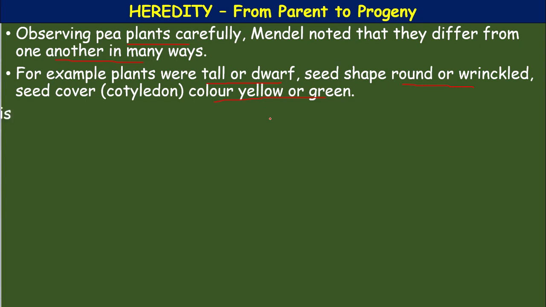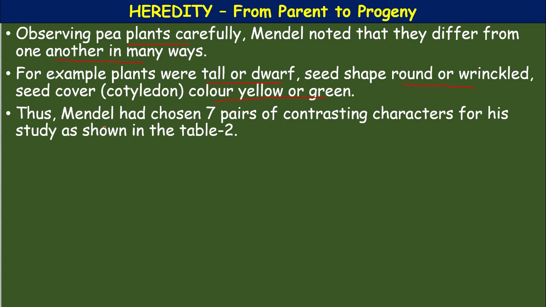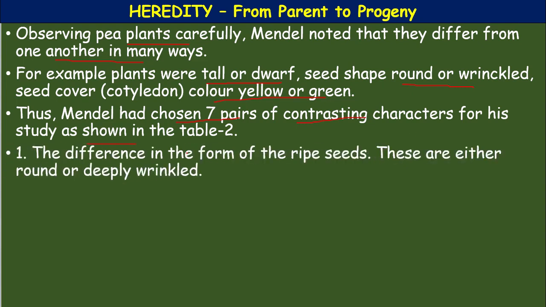Thus, Mendel had chosen 7 pairs of contrasting characters for his study. In the table it has been shown, we will see.